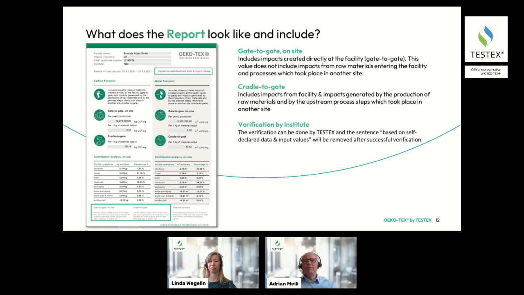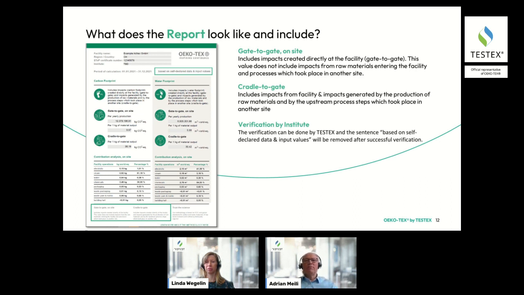If you're not happy with the detail grade of the result, you can always enter it before you issue a report. When you issue a report, you have this overall report shown as a PDF, and it shows you the gate-to-gate on site impact of the carbon footprint and water footprint, as well as cradle-to-gate.